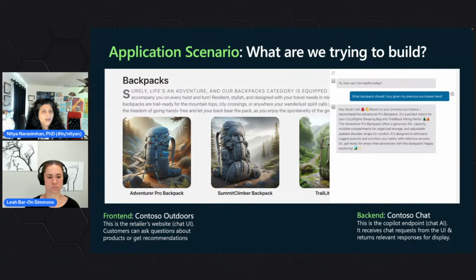And what they want is the ability to allow customers to ask questions about their products using a conversational experience or chatbot. To implement this, we have Contoso Chat, a chat AI backend that is built and deployed on Azure AI. The front end can talk to that backend to actually have those questions from the users responded to.